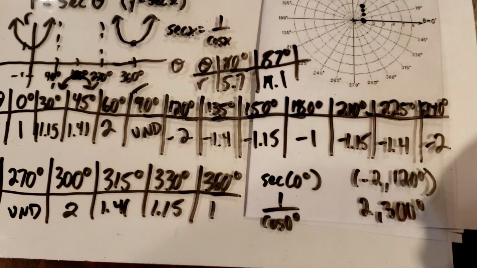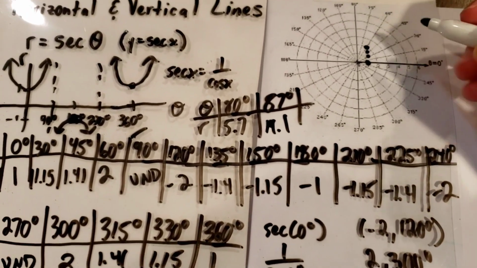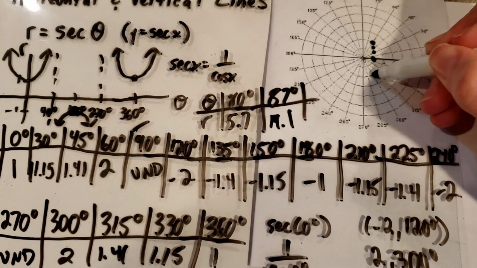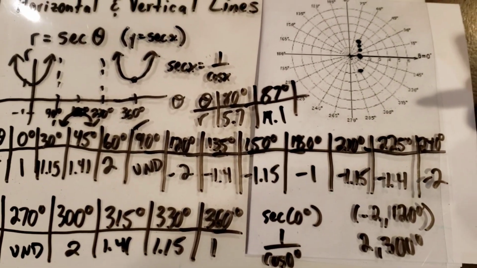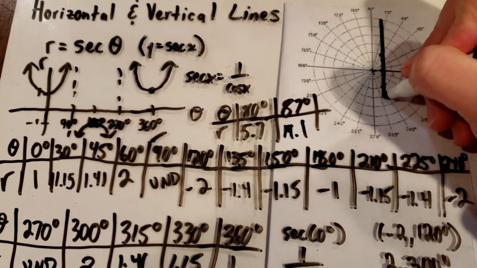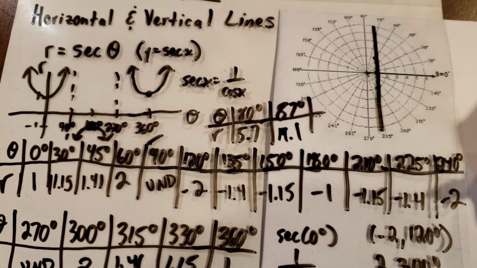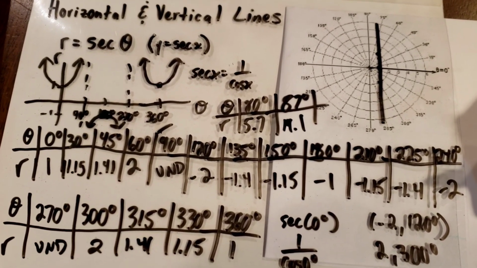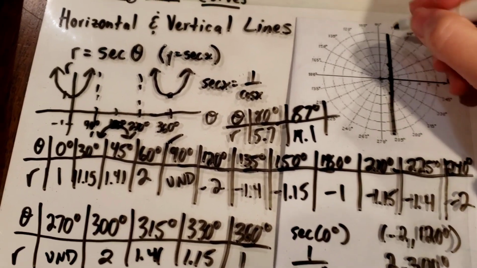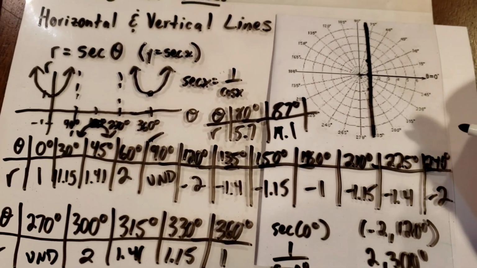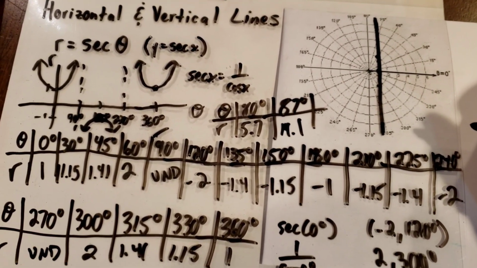So let's plot 2, 300 degrees. So 300 degrees rotation puts us right here. 2 puts us here. Notice all of these points are forming a vertical line. That vertical line will go all the way up to positive infinity for y, all the way down to negative infinity.